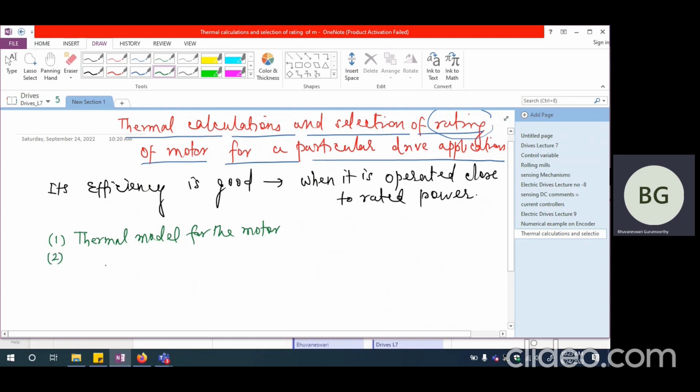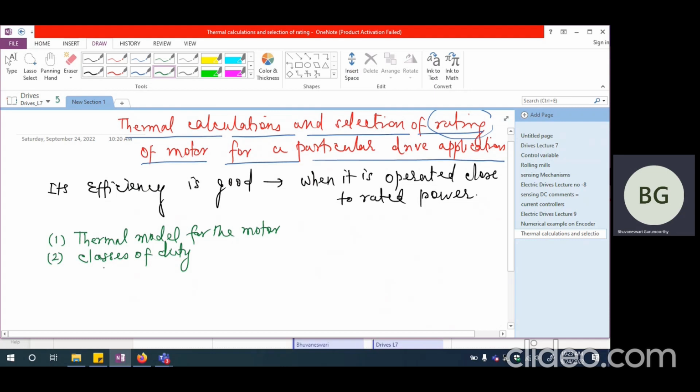Second thing that we are going to look at is what are all the different types of loading in various applications that take place. So this we call as classes of duty. So we may be continuously loading a motor like a fan or pump. We may be just operating it at a particular power most of the times. Whereas if you look at an electric vehicle, you will start several times, you will stop several times. Sometimes you may overload, especially during starting. Then after that, the load can come down drastically.